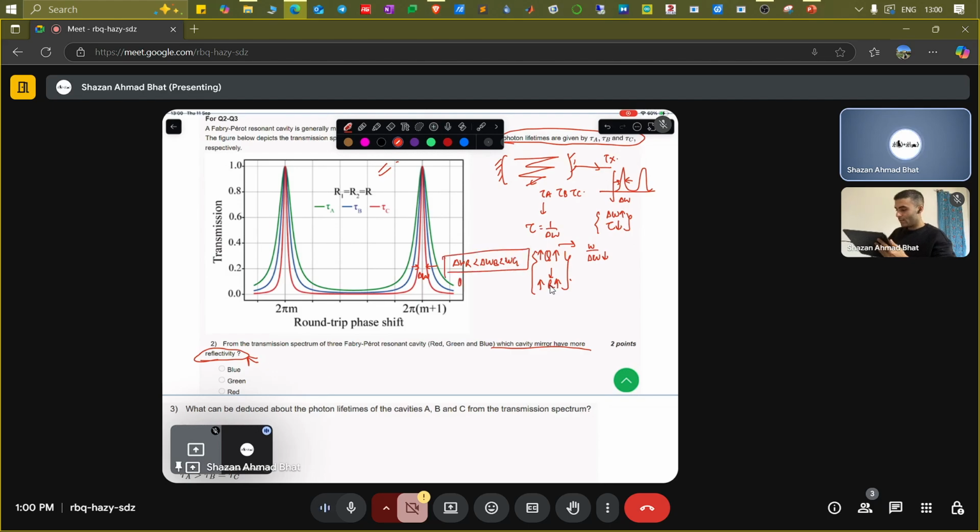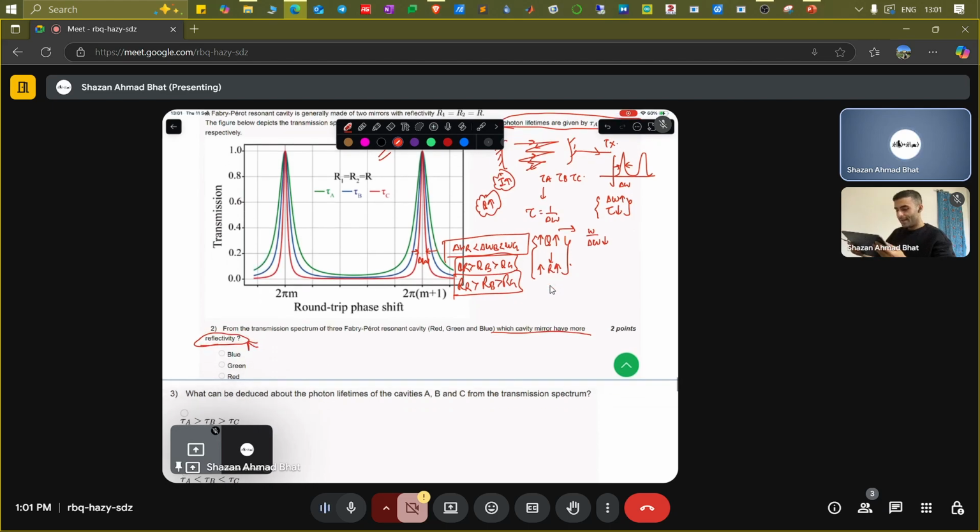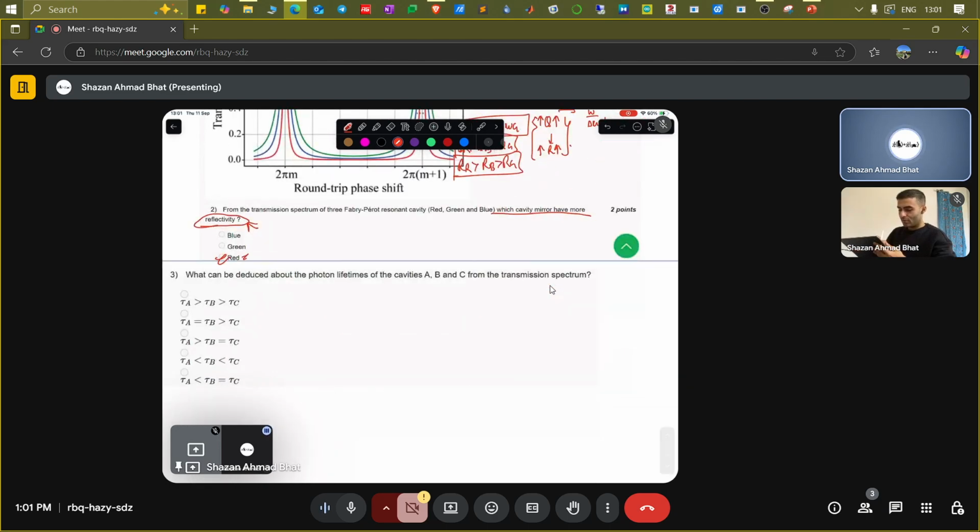That means the quality factor for red is greater than for blue is greater than for green. That means the reflectivity for red is greater than for blue is greater than for green. Because the reflectivity inside is going to build up the photons inside it and is going to build up the intensity. So the intensity is going to increase and the quality factor is essentially going to increase. Okay, and that means red is the answer to this question.